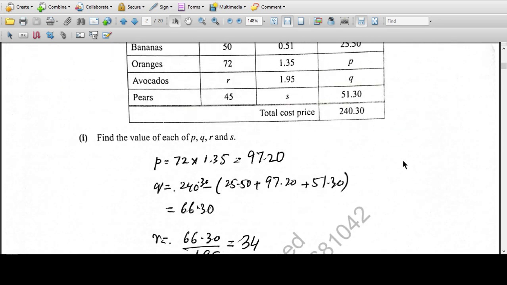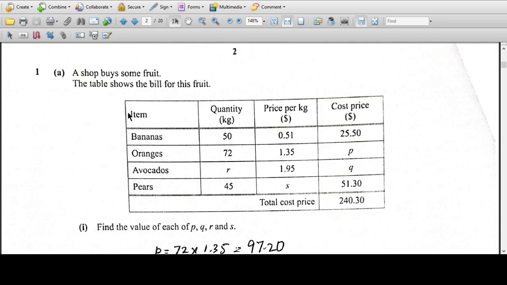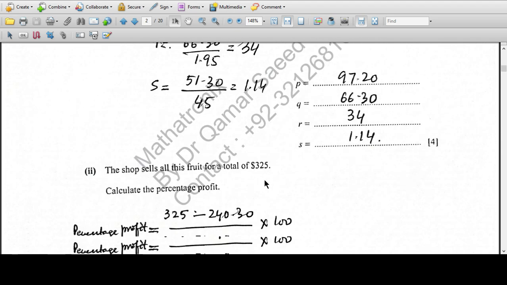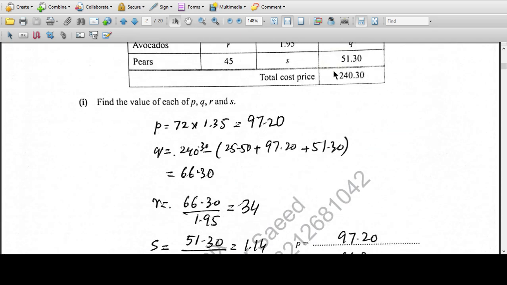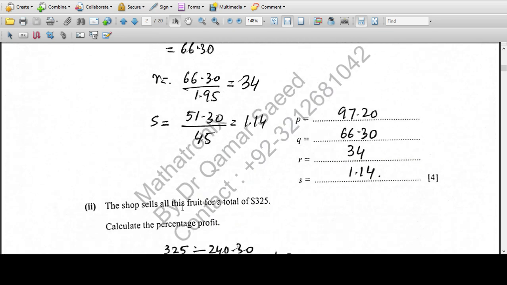This kind of question is usually asked in SAT exams, which is very popular. Now the shop sells all these fruits for a total of 325. So the total cost price is 240.3 and the selling price is $325.